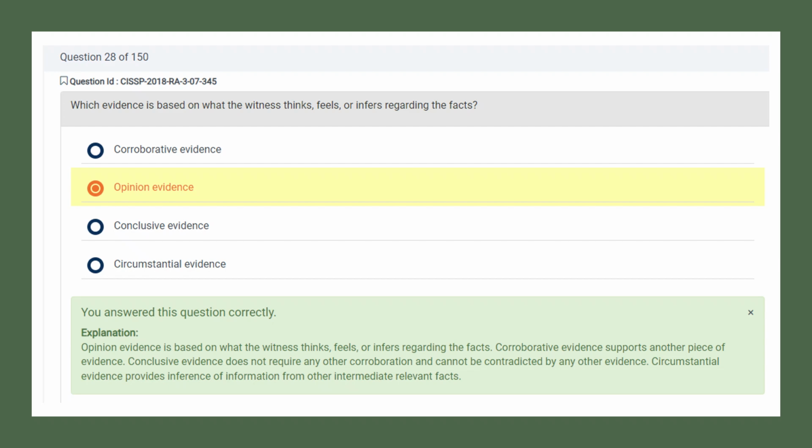Corroborative evidence supports another piece of evidence. Conclusive evidence does not require any other corroboration and cannot be contradicted by any other evidence. And circumstantial evidence provides inference of information from other intermediate relevant facts.